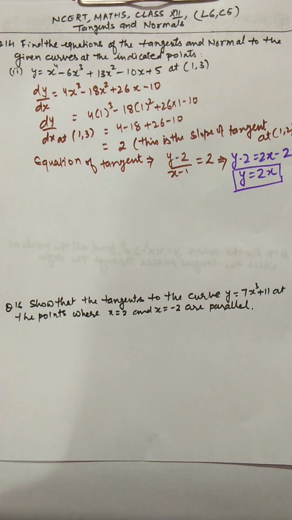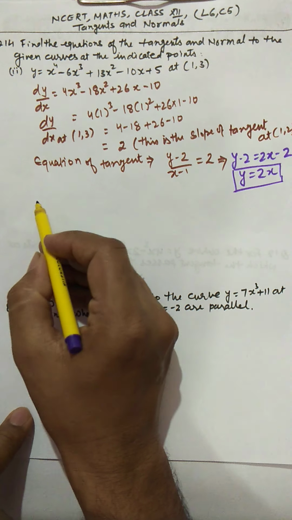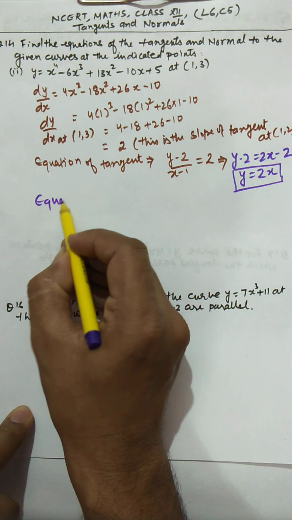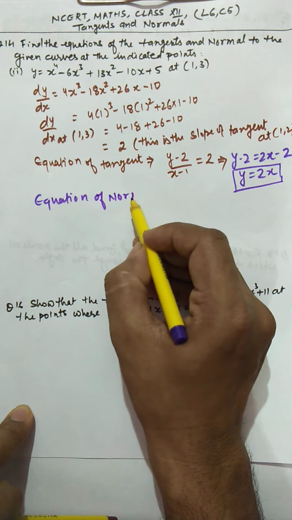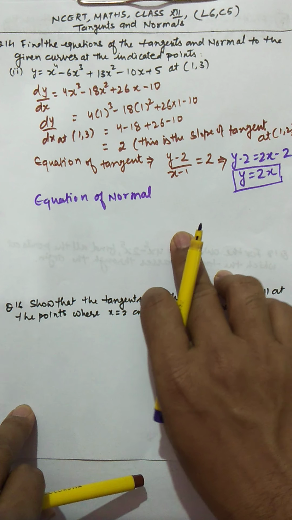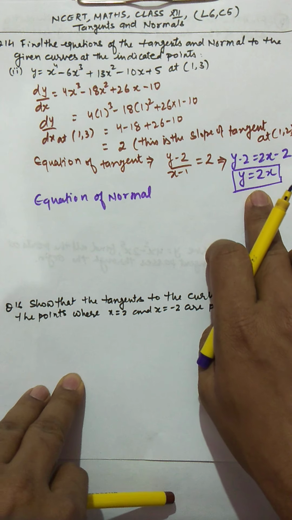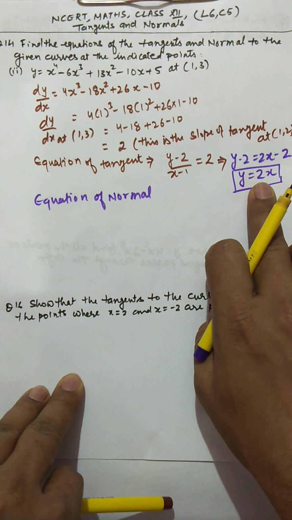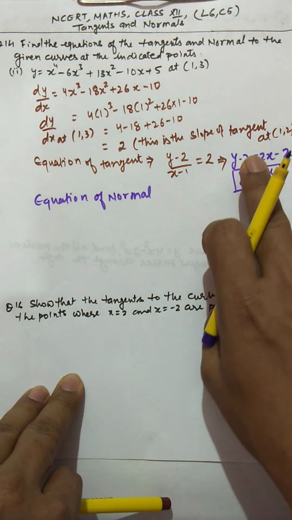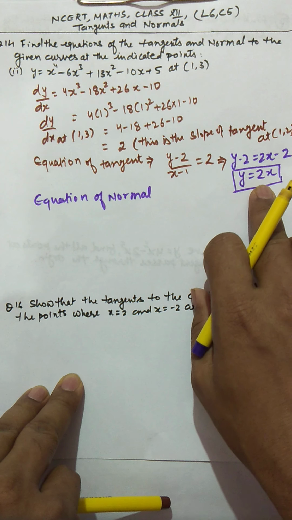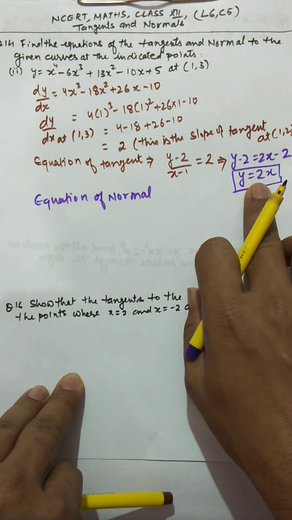Now we have to find the equation of normal as well. Some of you can write the equation of normal with the help of this equation of tangent. You know the slope will get reversed, and it will become the reciprocal. The slope of normal is the reciprocal of the slope of tangent with a minus sign.